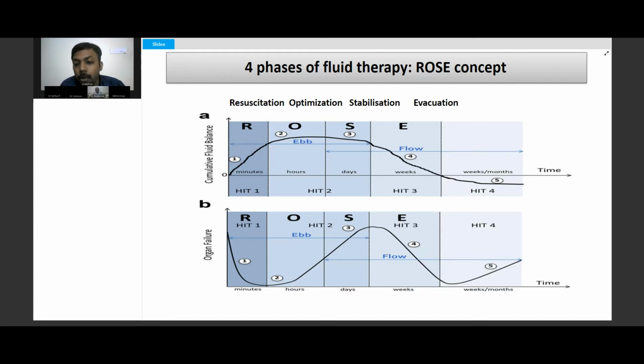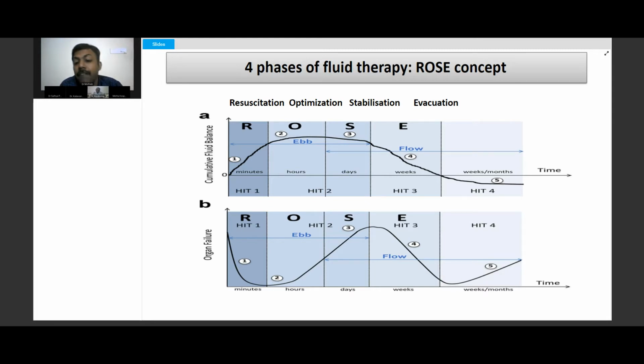And when we overdo it, we can have a 4th hit, which is called the later hit, which is because of more fluid removal. And similarly, overlappingly, we have the organ failure stages. In the first phase, there is severe organ failure, MODS, and then slowly the multiple organ dysfunction improves and the patient gets better.